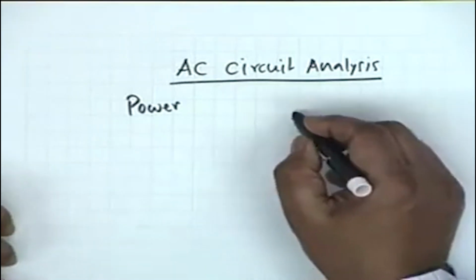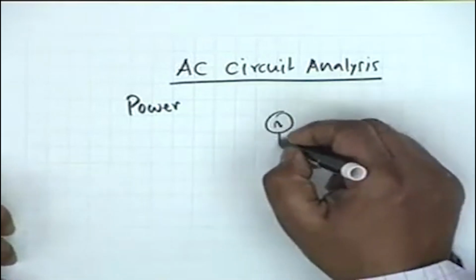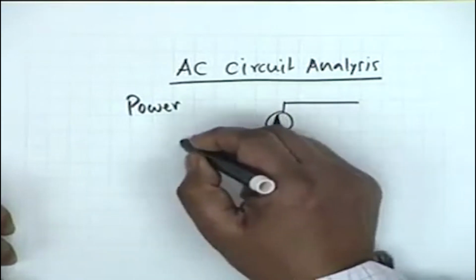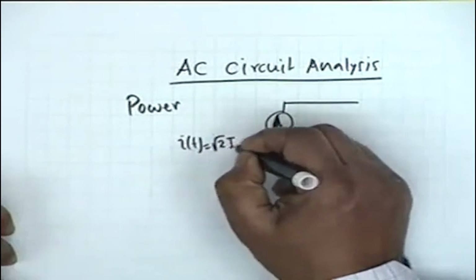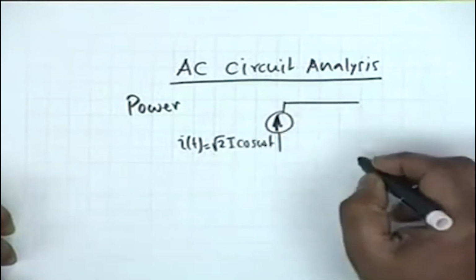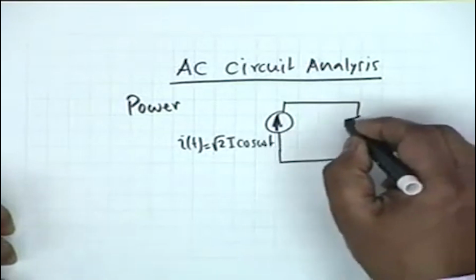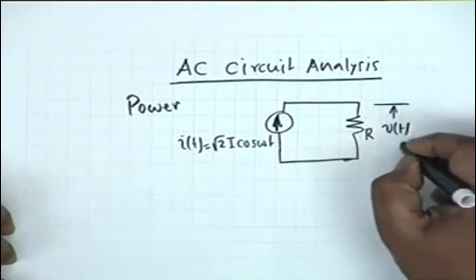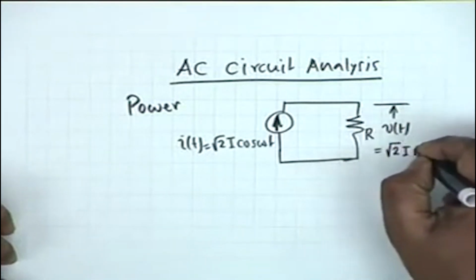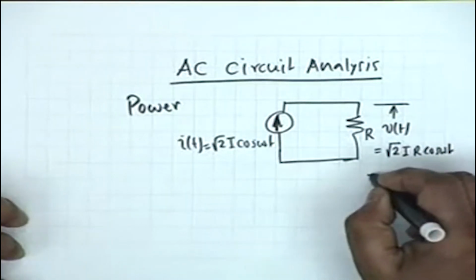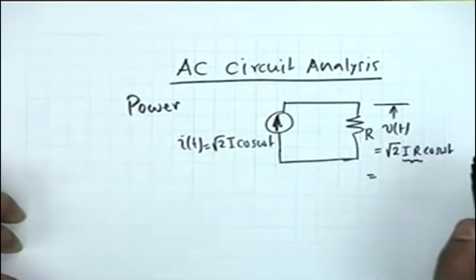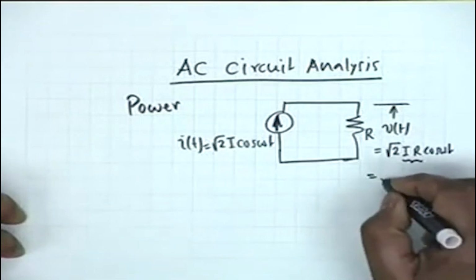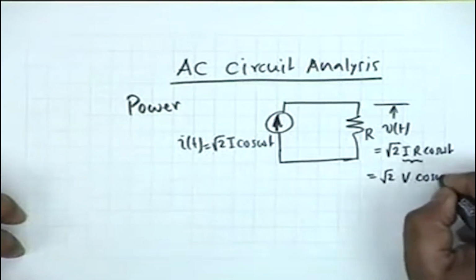As you know, let's take a current generator, I of t is equal to root 2 I cosine omega t, and let this AC current pass through a resistance R. Then the voltage across the resistance v of t shall be simply equal to root 2 I R cosine omega t, and if we call I R as V, where capital I is the root mean squared value or the effective value, then it is root 2 V cosine omega t.